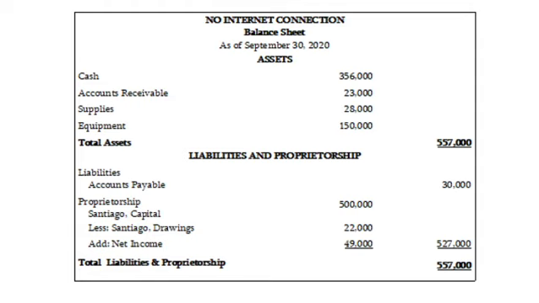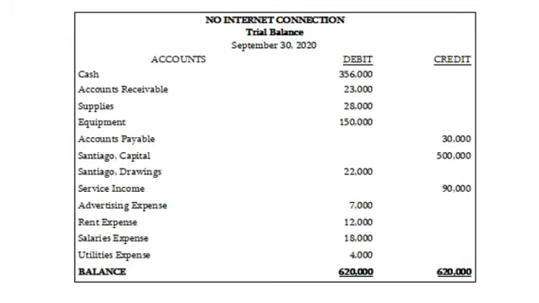After the income statement, we have the balance sheet. So, ano yung nandito sa balance sheet natin? Again, the assets, liabilities, and the equity or the proprietorship. So, to prepare, again, titingnan lang natin yung ating trial balance.